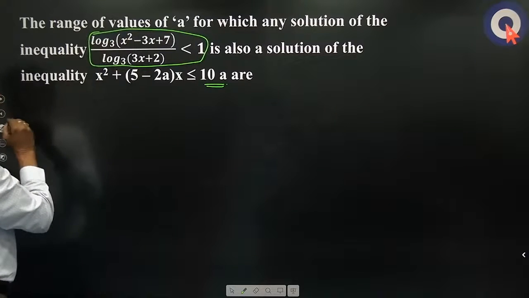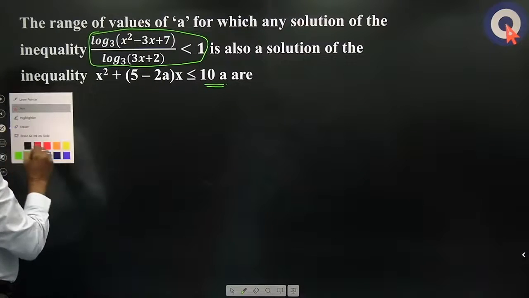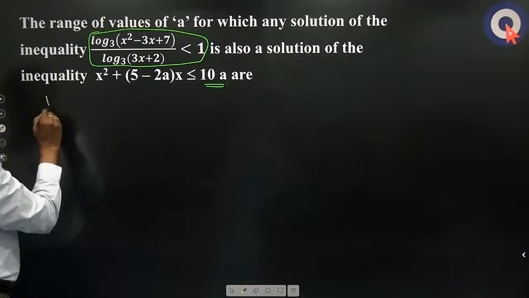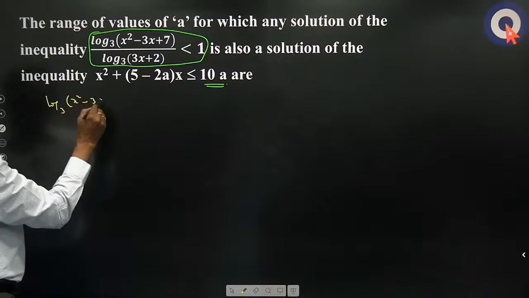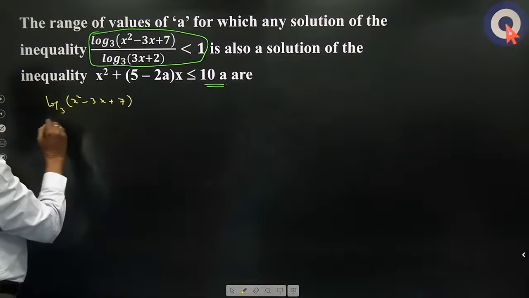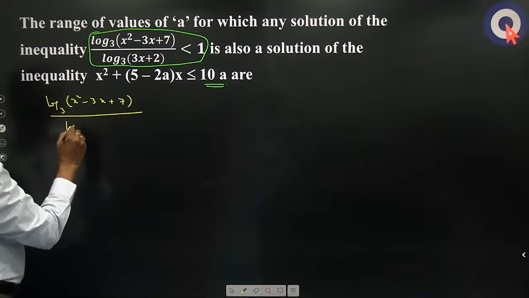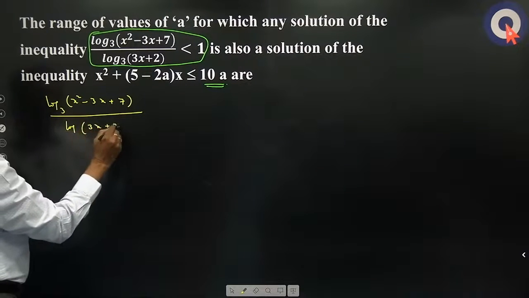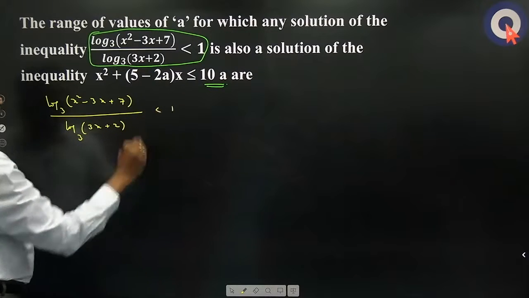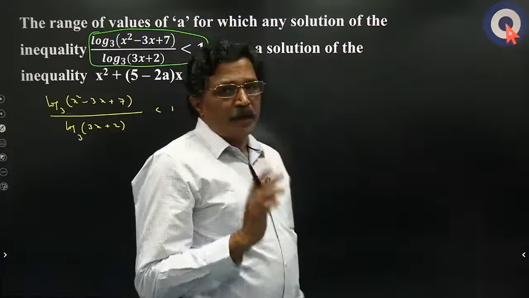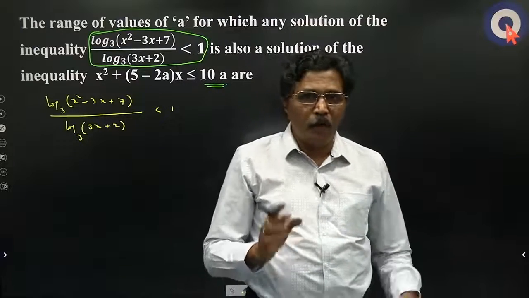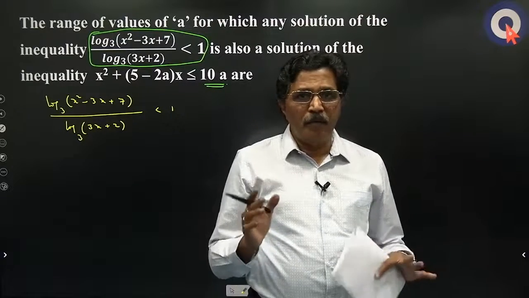This inequality: log of (x² − 3x + 7) to the base 3 by log of (3x + 2) to the base 3 is less than 1. Whenever we are solving any equation or inequality, we need to find the domain of permissible values.